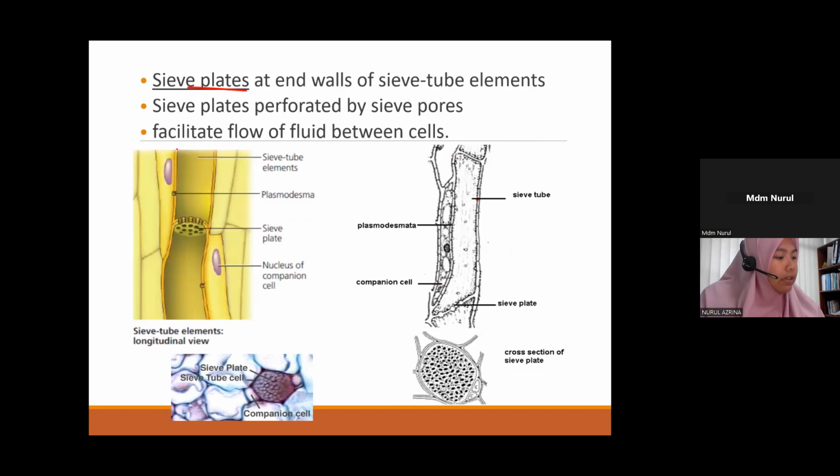So this is one sieve tube element, and at the end of the sieve tube element, they have a sieve plate. The sieve plate is perforated by sieve pores. So this is the plate and this is the sieve pore. This sieve pore facilitates the flow of fluids between cells.